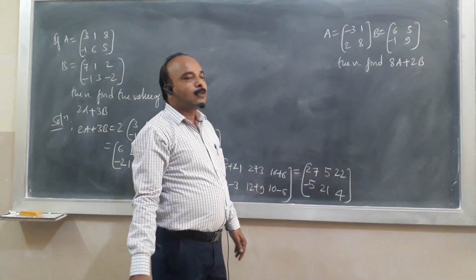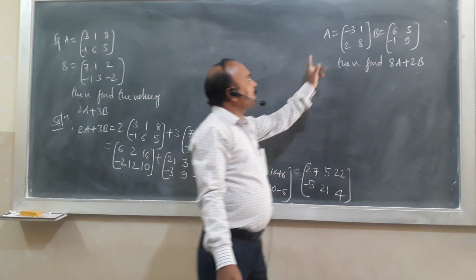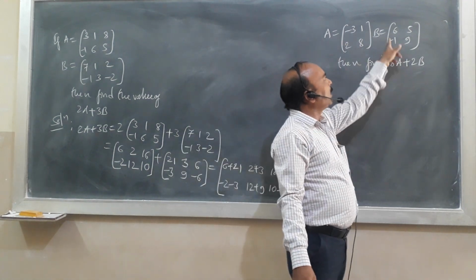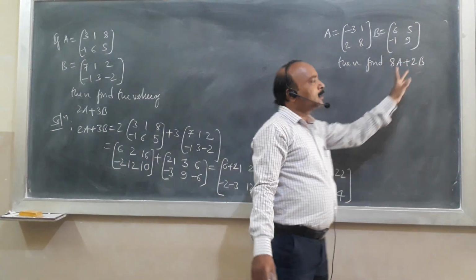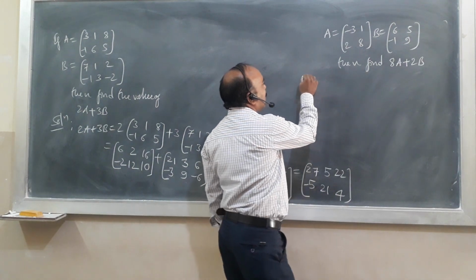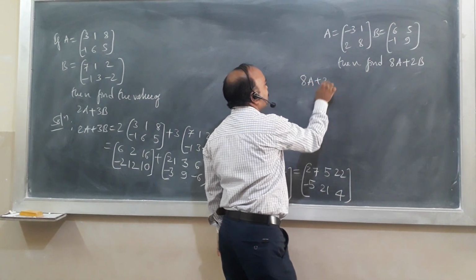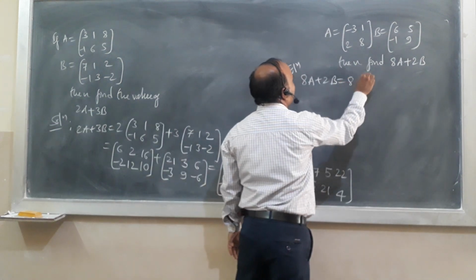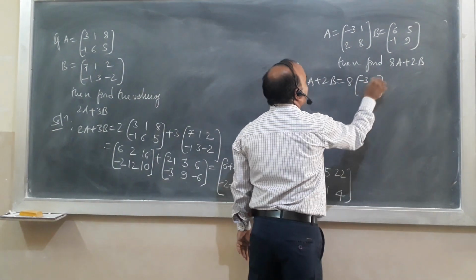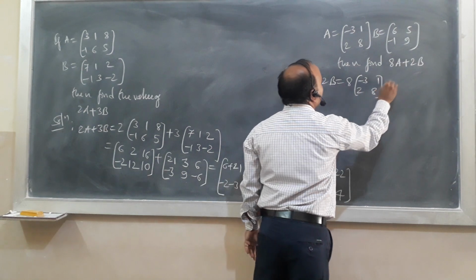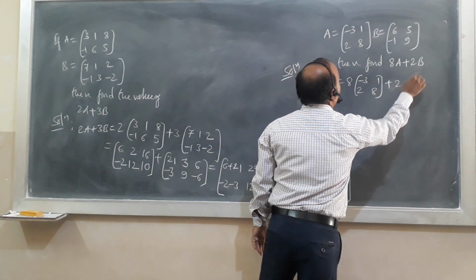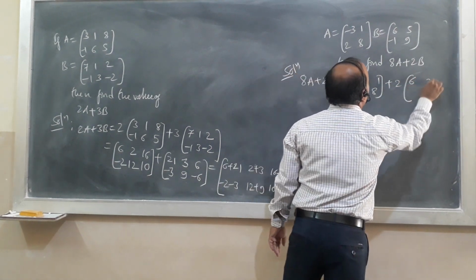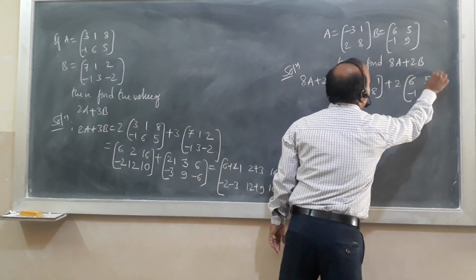Now it is given that matrix A is multiplied with scalar 8 and matrix B is multiplied with scalar 2. Then we can calculate 8A plus 2B like this. 8A plus 2B is written as 8 into matrix A, that is minus 3, 1, 2, 8, plus 2 into matrix B, which is 6, 5, minus 1, 9.